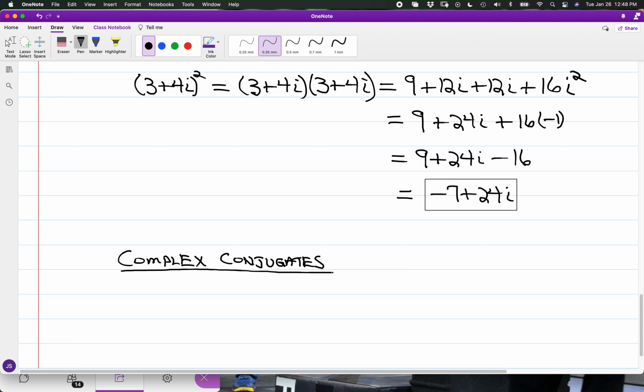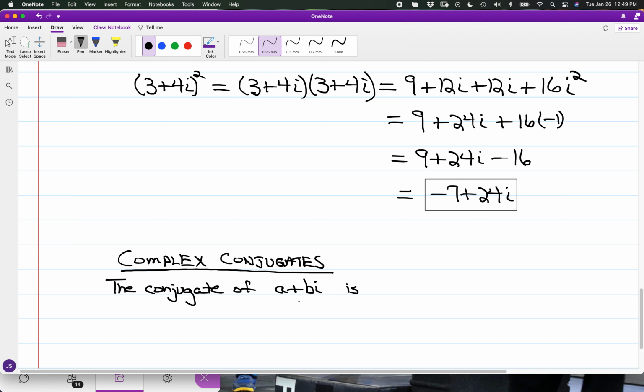For a standard number, the conjugate of a plus bi is going to have the feel of a difference of squares, and in fact, we're going to be heading in that direction.